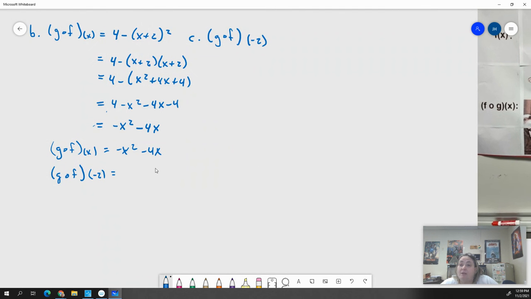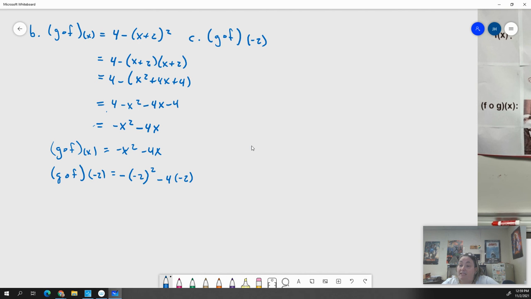Keep in mind, when you are plugging something in to a function, put it in parentheses so you remember how to properly do that. We have negative x squared. Well, that becomes negative times -2 squared minus 4 times -2.